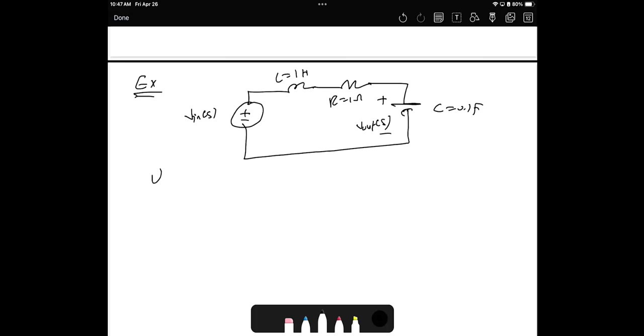So, question number 1, find the transfer function. Question number 2, draw the Bode plots. Okay?